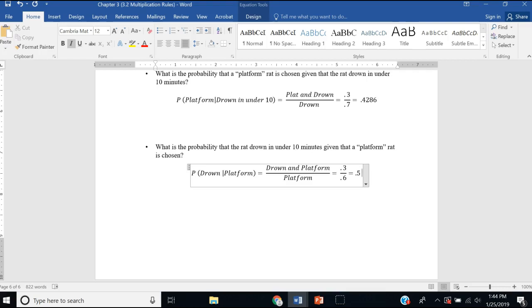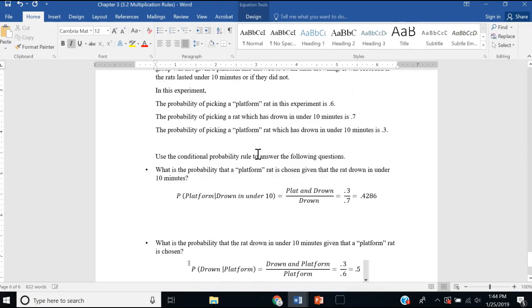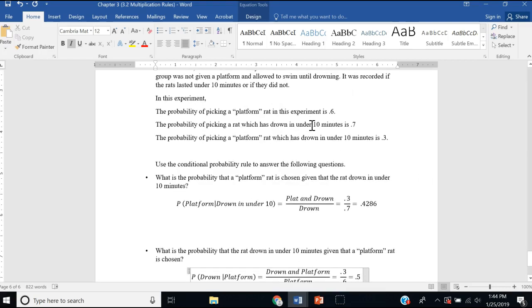Now, you could have done this also using complements. Obviously, we know that if 0.7 was the probability who had drowned under 10 minutes, we would also know that the complement of that is those who lasted more than 10 minutes.